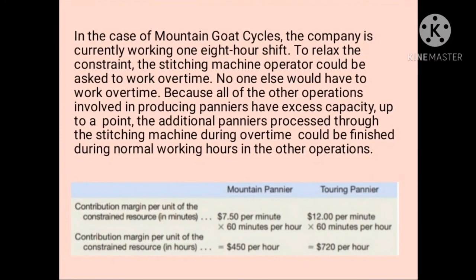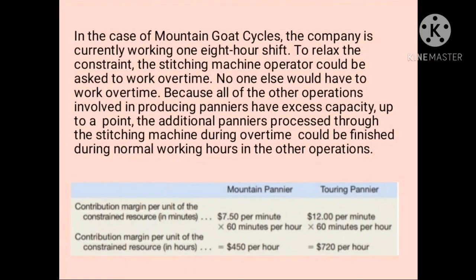To reinforce this concept, suppose that there are only unfilled orders for the mountain pannier. How much would it be worth to the company to run the stitching machine overtime in this situation?